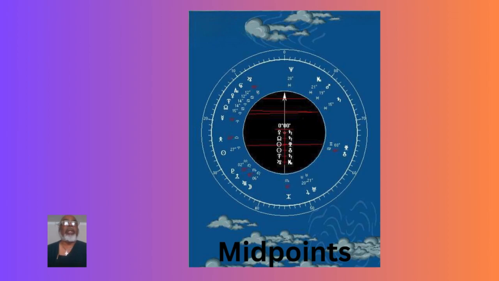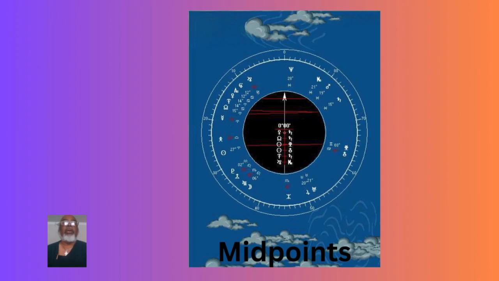Well, a midpoint is the equal distance between two planets, wherever they are located in the chart. So, for example, we have the sign Gemini, and you have one planet, whatever that might be, Mercury, Jupiter, or Venus, at 5 degrees, and you have another planet at 15 degrees Gemini, and that could be Jupiter or it could be Pluto.